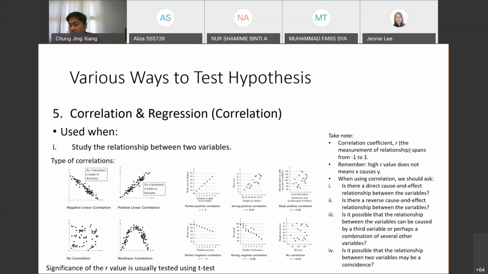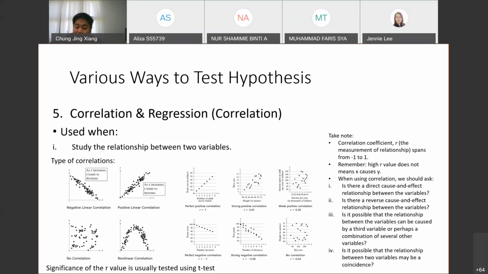So when you want to use correlation, you have to remember to ask, is there a direct cause and effect relationship between the variables or not? Is X really related to Y? Is that really direct cause and effect or not?